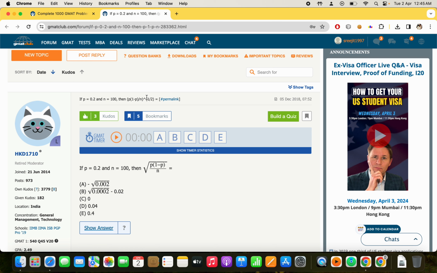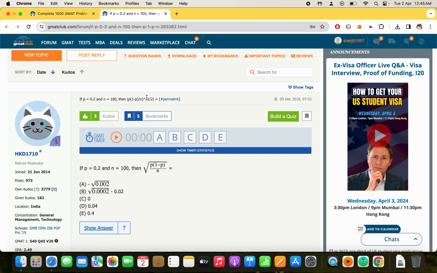P says it's 0.2 and N says it's 100. So what is the value of the square root of P times 1 minus P, divided by N? Clearly, the square root of 100 is very easy to find, which is 10. So let's keep 10 away. And here, P into 1 minus P, so it will be 0.2 into 0.8, which is 0.16. So if we square root it, it's 0.4.